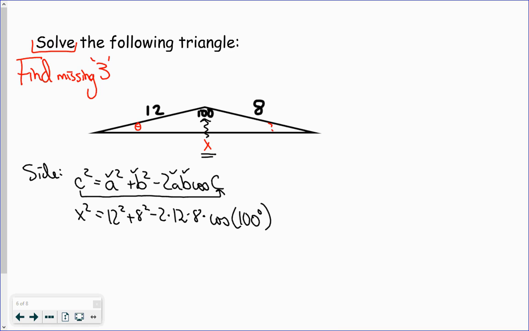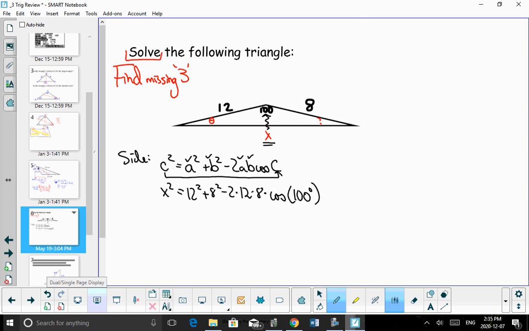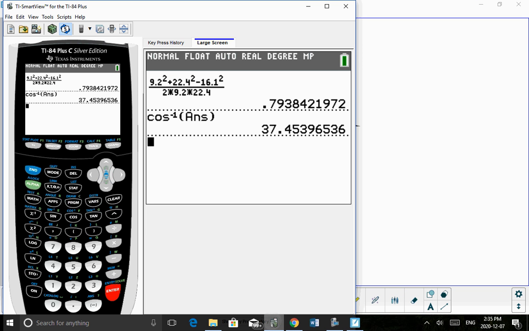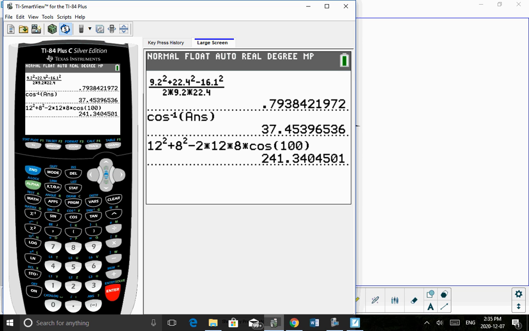So I'm just going to plug this into my calculator. 12 squared plus 8 squared minus 2 times 12 times 8 times cos 100. Again, don't hit second because we're not looking for an angle here. We're looking for a side length. Now you get out this big number, 241.